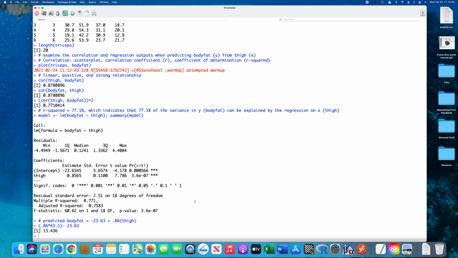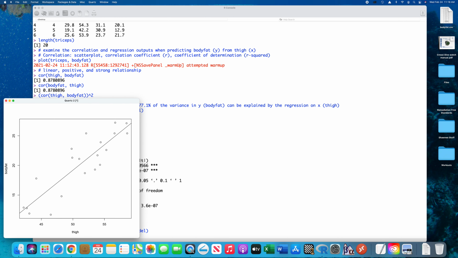Now, since we've created our model, we can go back and look at our plot, but embed the regression model in it. That's really easy to do. I would use with, my data set is data. I would plot x over x comma y, which would be thigh, body fat. And then I'm going to add the abline of my model to the scatter plot.